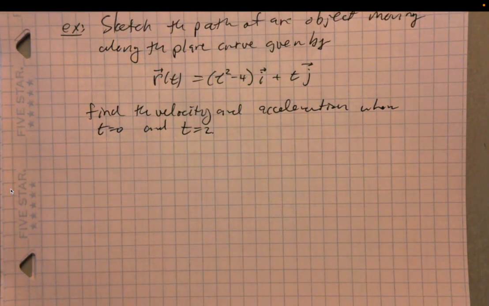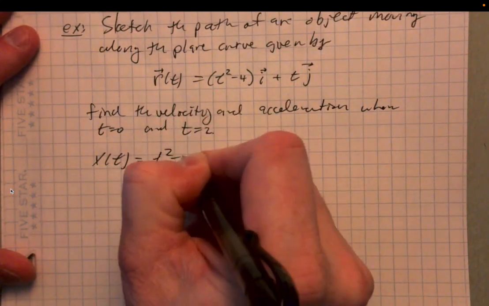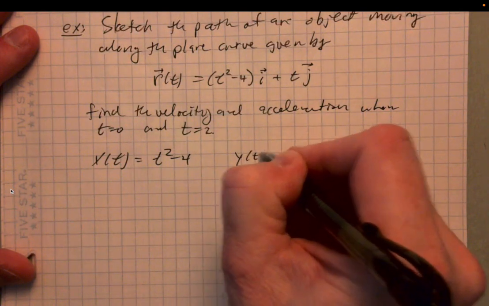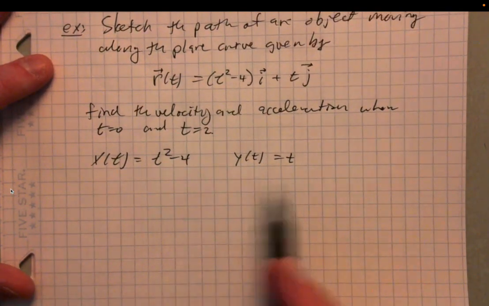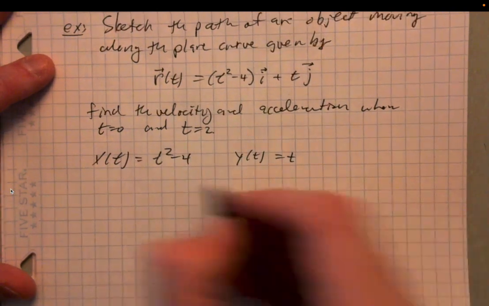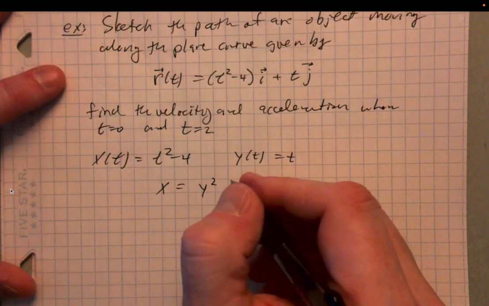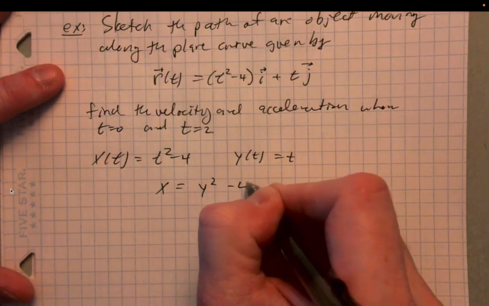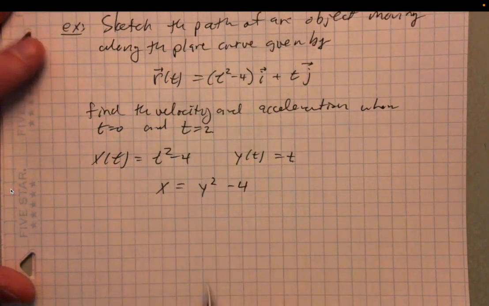Okay, so we can sketch the curve pretty easily, right? We can notice here that x of t is t squared minus 4, and y of t is just t. We can combine these two, and we see that x will be equal to y squared minus 4. Basically t equals y, so plug the y in over here.